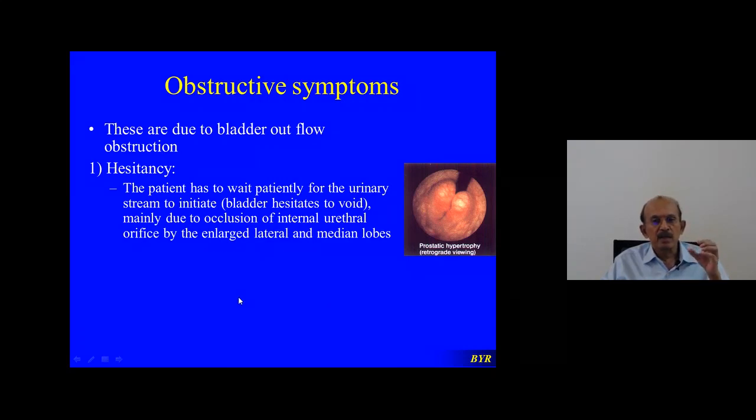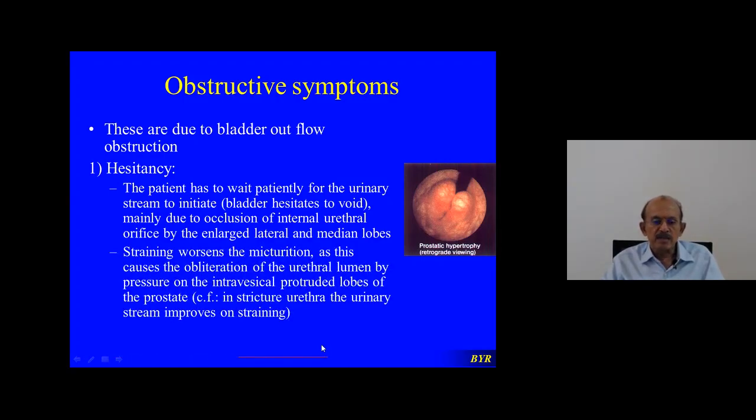So the medial and lateral lobes are projected into the internal urethral sphincter. That is why though the internal sphincter relaxes, there is not much opening. So there is hesitancy. It has to relax still more. So the patient has to patiently wait till it gets completely relaxed and initiation of the micturition starts.